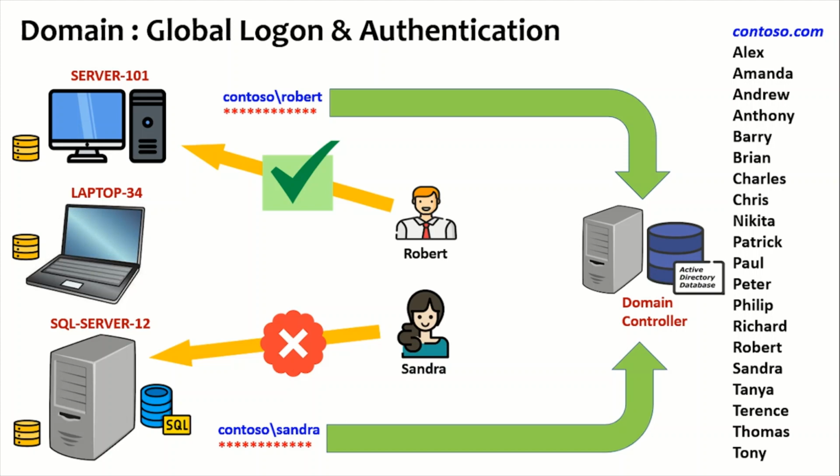So this is how global logon and authentication takes place in a domain environment. So the local databases will never come into picture in global logon and authentication in a domain environment.